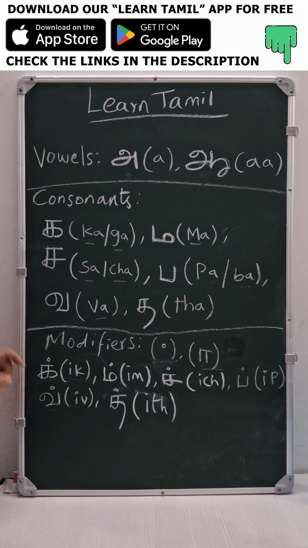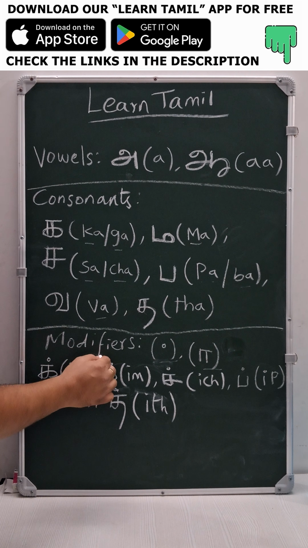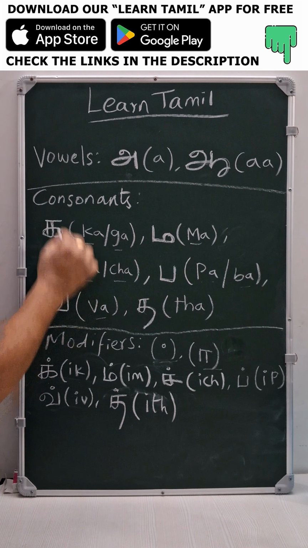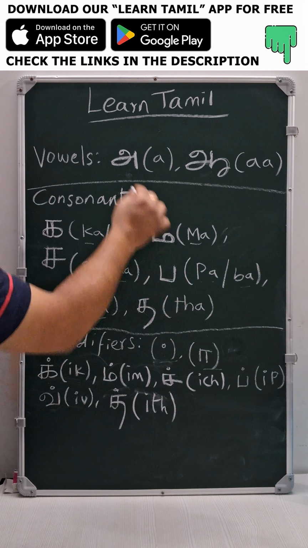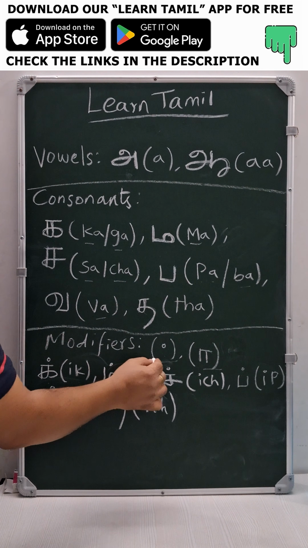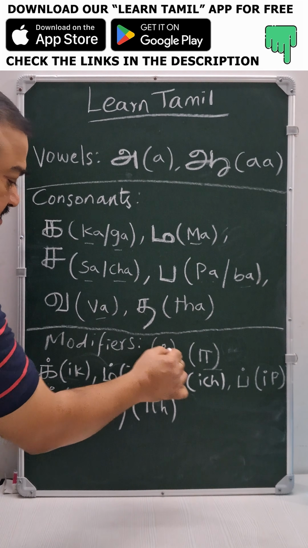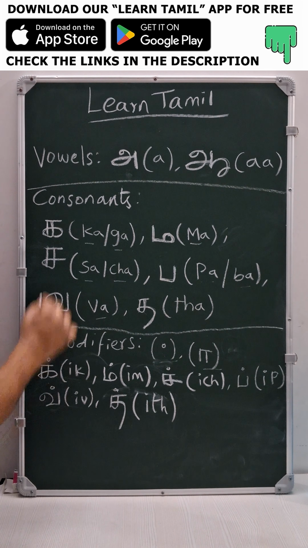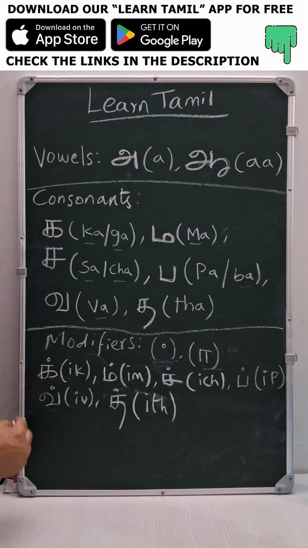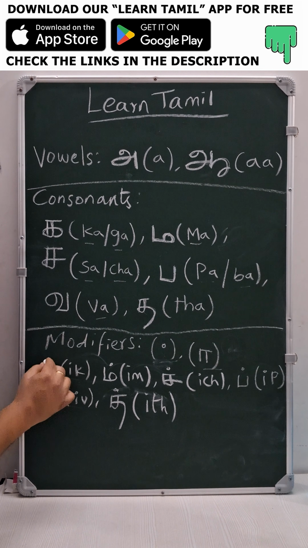So when I add this modifier to one of these consonants, because you cannot add these modifiers to the vowels, you can only add these to the consonants. When I add this dot to this Ka, it becomes Ik. Simply same Ka, and if you put a dot on top of it, it becomes Ik.